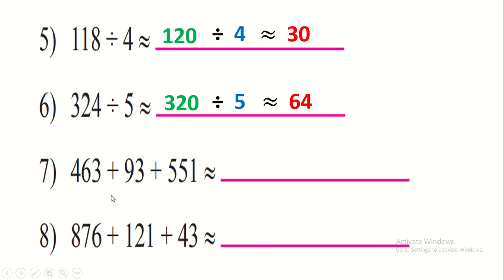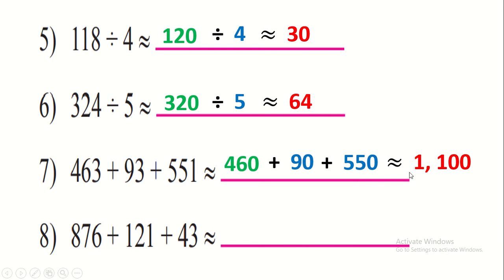You round these to the nearest 10. 463, you have 460. 93, you have 90 to the nearest 10. 551, the nearest 10 is 550. Then you add 460 plus 90 plus 550. The answer is 1100.